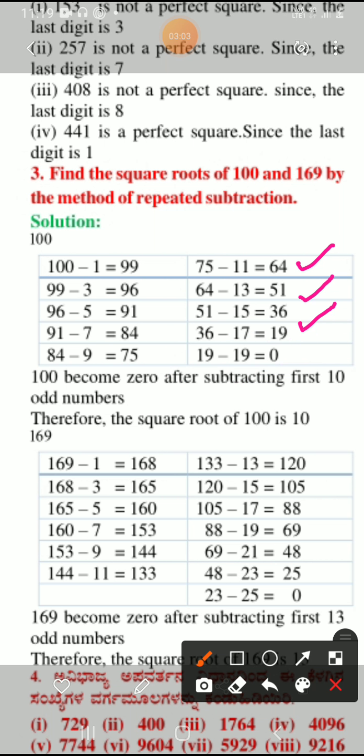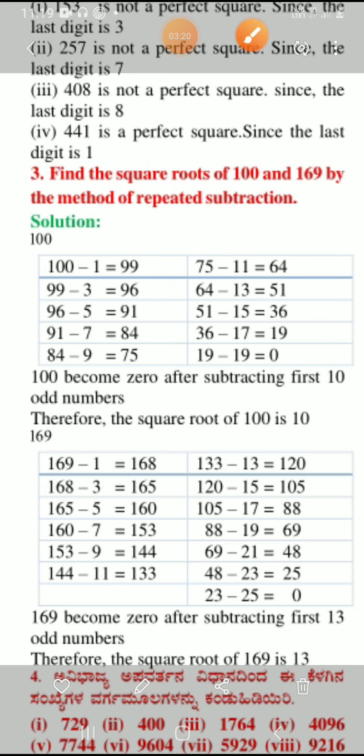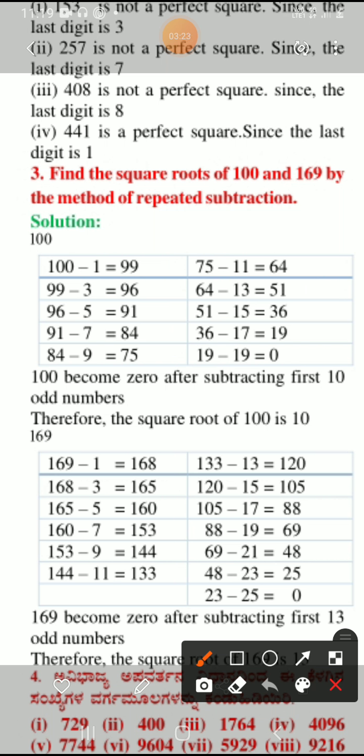So how many odd numbers have we taken until the answer comes as 0? Let's see that. This is 1, 2, 3, 4, 5, 6, 7, 8, 9, and 10, right? So 10 numbers. Got it, children? So 100 becomes 0 after subtracting the first 10 odd numbers.